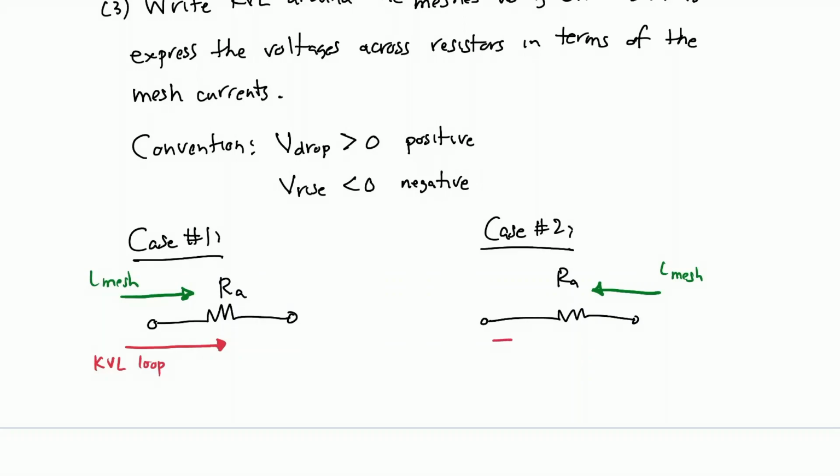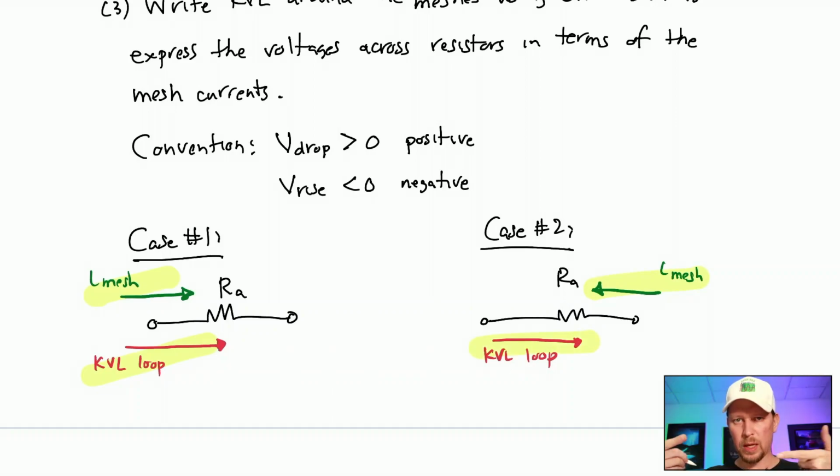Or you can actually go in the opposite direction like this. Notice that in this particular case, the mesh current and the direction that we're actually going through our loop in are in the same direction, while over here the mesh current and the direction that we're going through in KVL is in opposite directions. That's the distinction between these two different cases, whether we're going in the same direction as the mesh current and adding up our voltages or in the opposite.